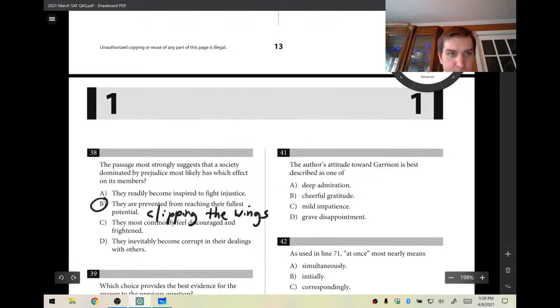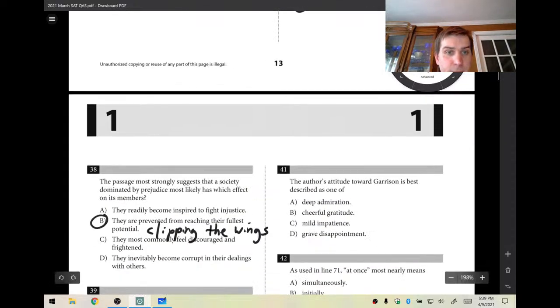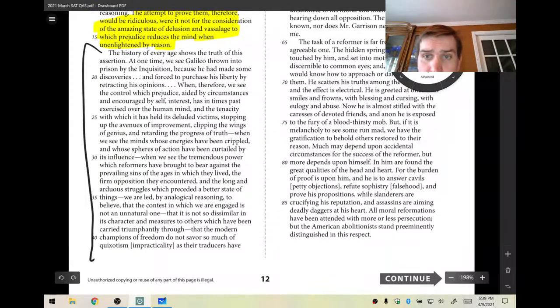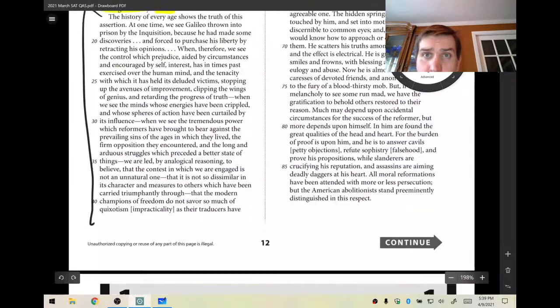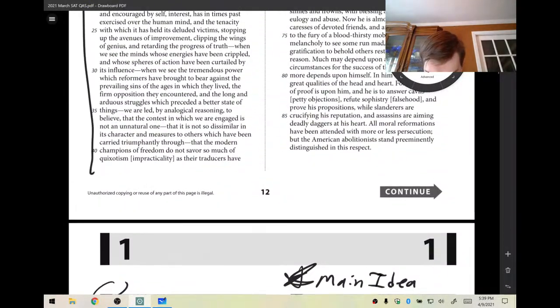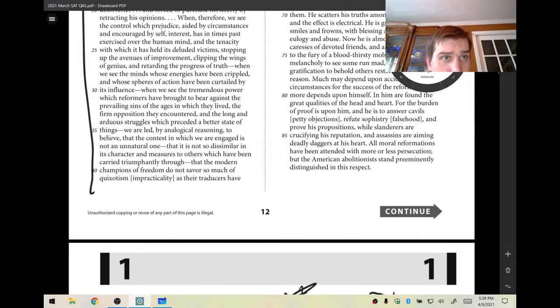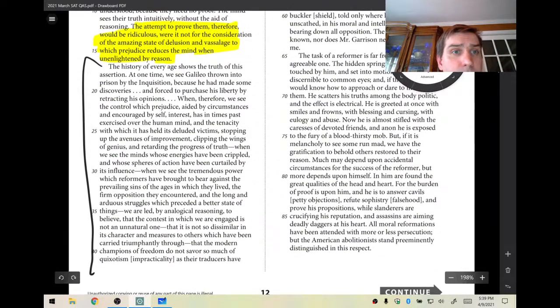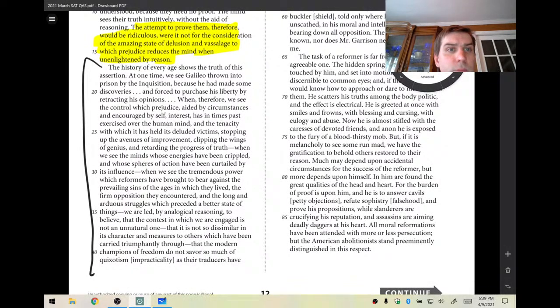I'm going to read it, if I can find it. Here we go. I found it. Line 26. Clipping the wings of genius and retarding the progress of truth.